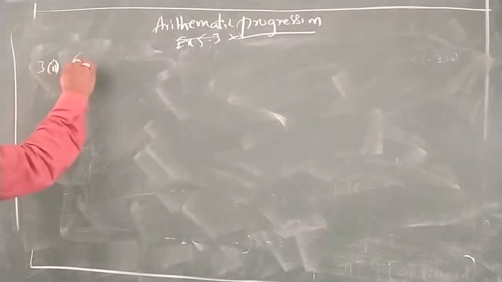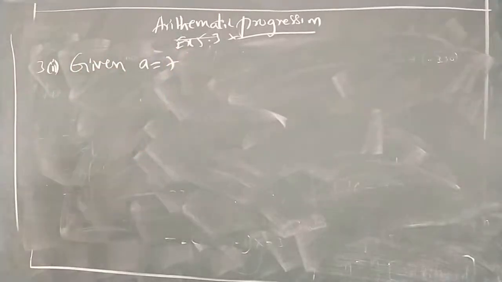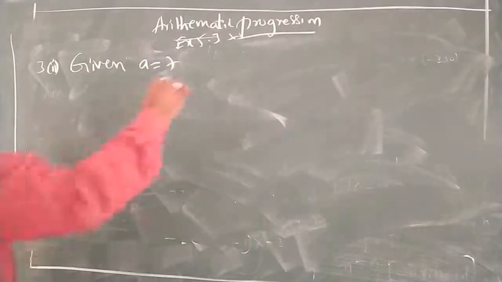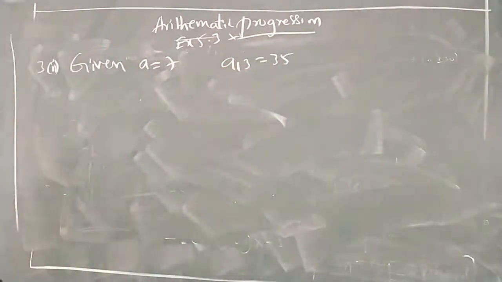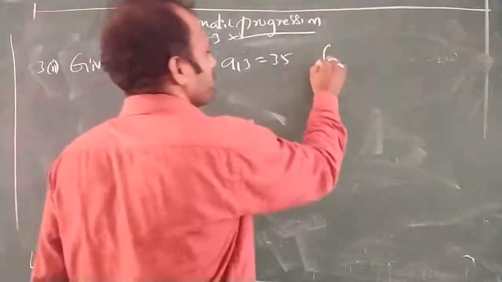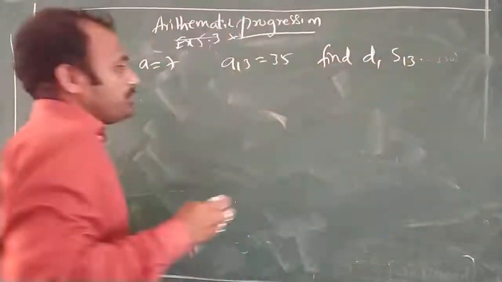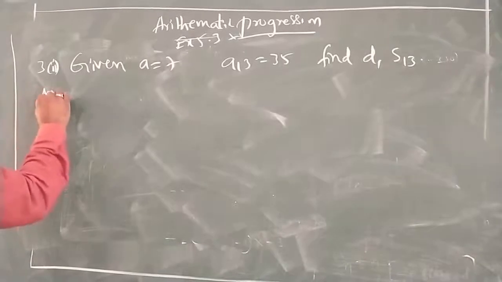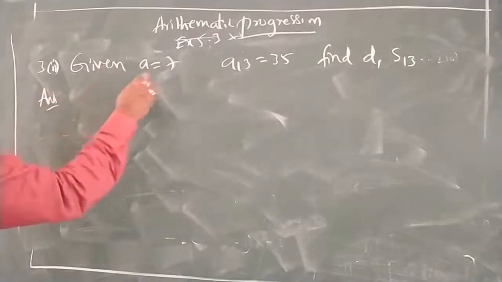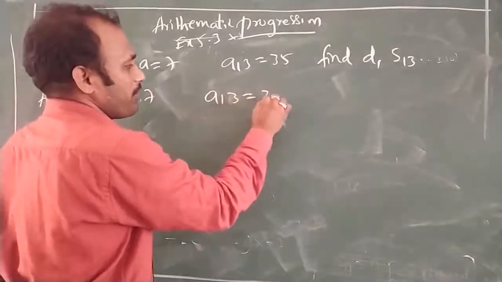Given a is 7, a13 is 35. Find d and S13. So this third bit is very important. So we have to work out each and every sum. Understand carefully. So what are the given terms here? a is 7, a13 is 35.